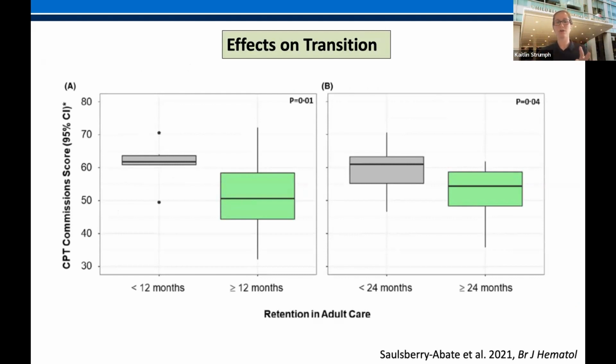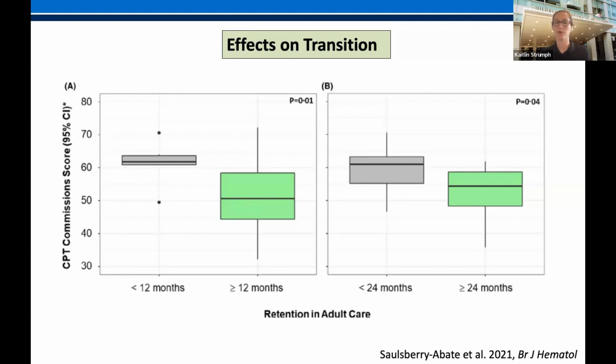So this figure shows how neurocognitive performance affects retention in adult care. If you can see on the y-axis, that's the continuous Connors performance test. And on this test, lower scores indicate better performance, okay? So you can see here that on the left side, this is looking at retention in adult care greater than 12 months, and the right is looking at greater than 24 months.